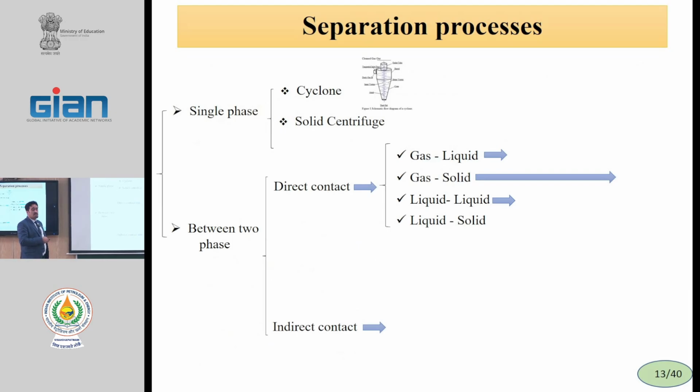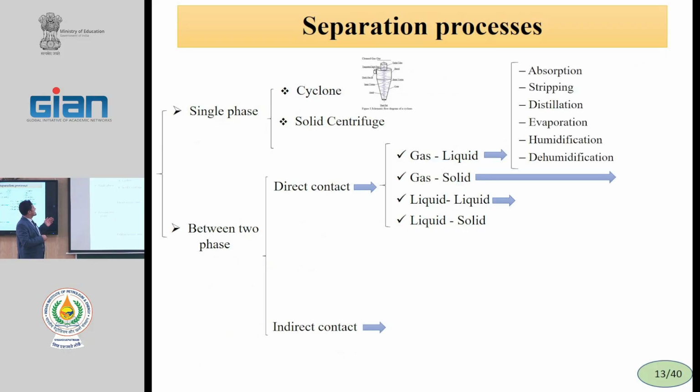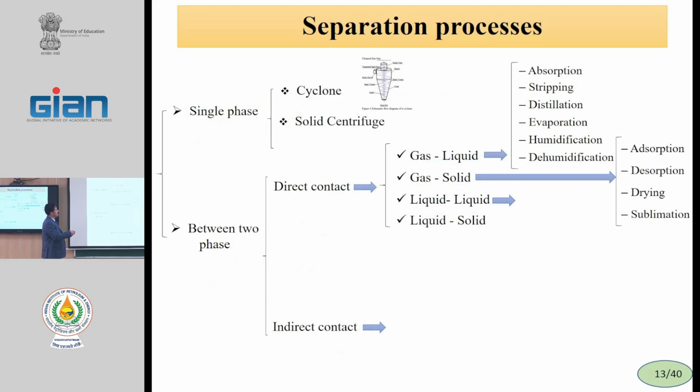Generally, separation processes occur in a single phase or between two phases. As you know from the mass balance lesson, in a single phase we separate from liquid to liquid. Or between two phases, we have two different phases: gas-liquid, gas-solid, liquid-liquid, or liquid-solid.